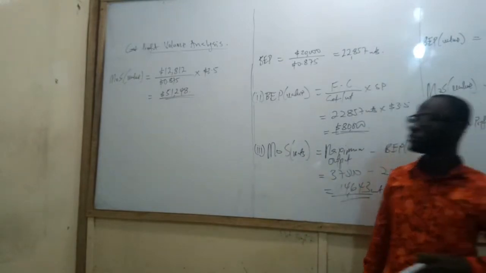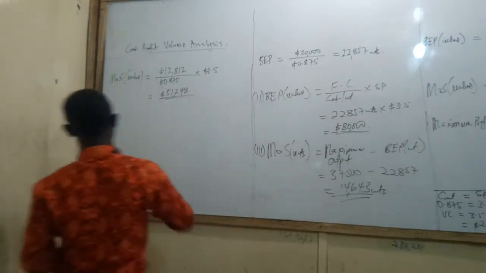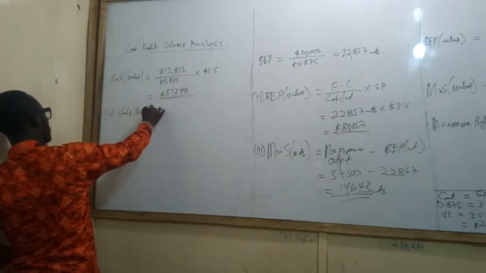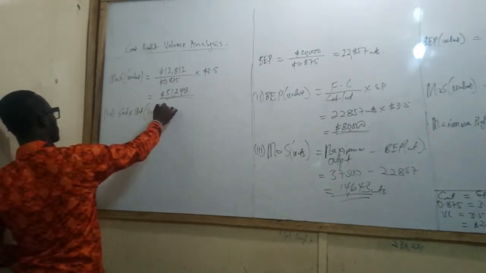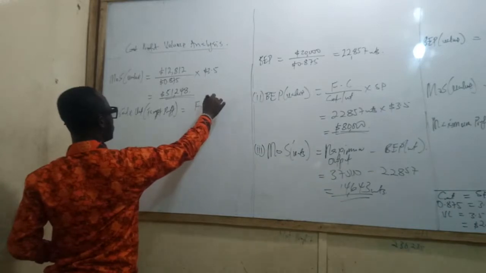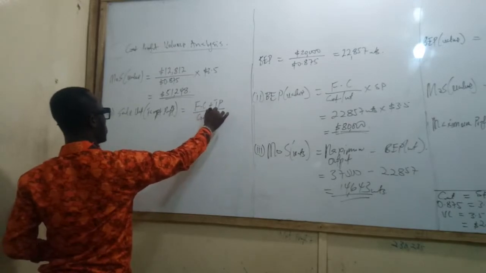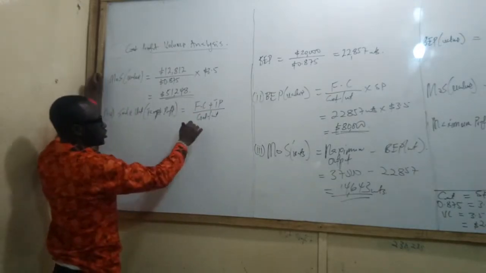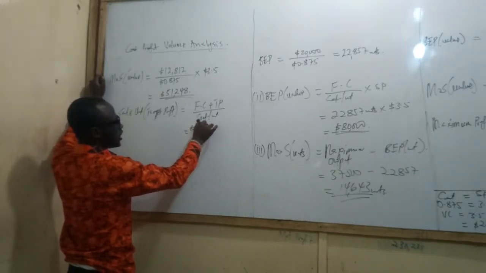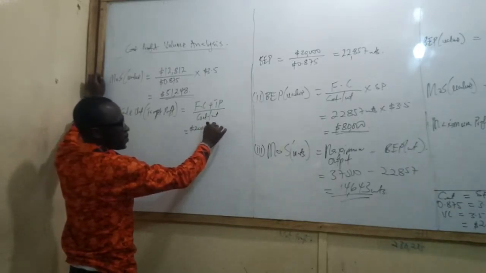What else can we calculate? Sales units for targeted profit, isn't it? What's the formula? Fixed cost plus targeted profit over contribution per unit. So what's our fixed cost? 20,000. What's our target profit? 2,000.